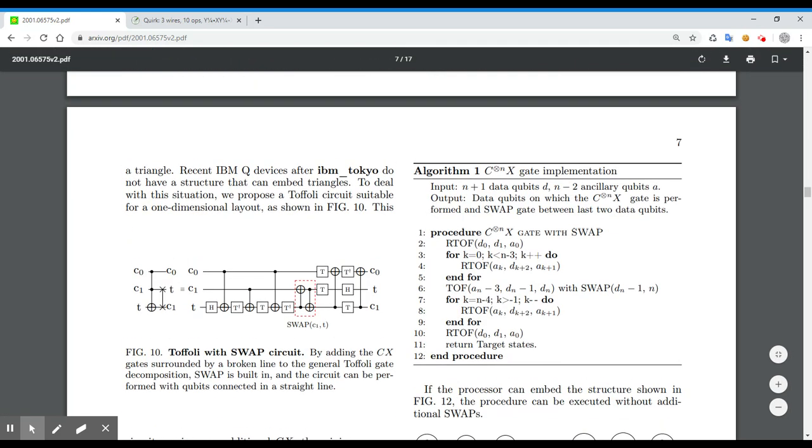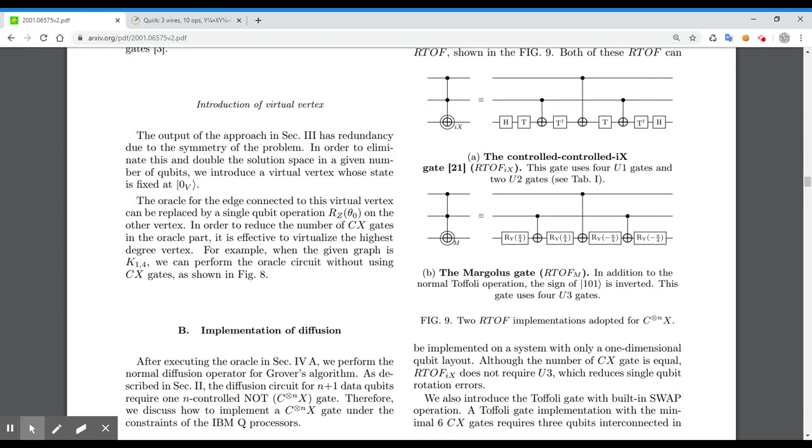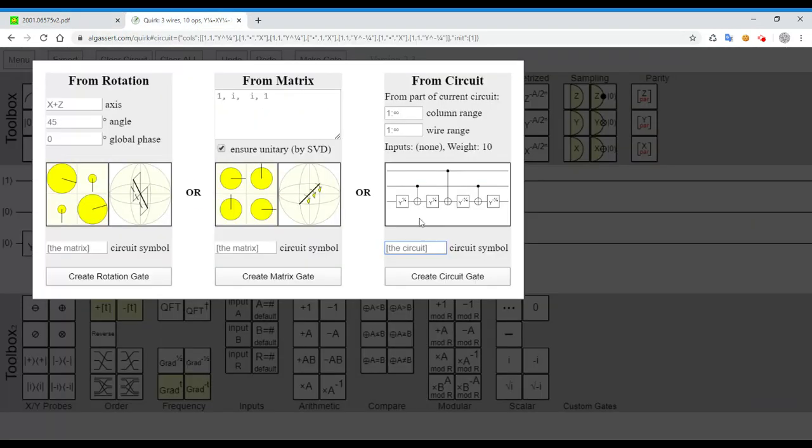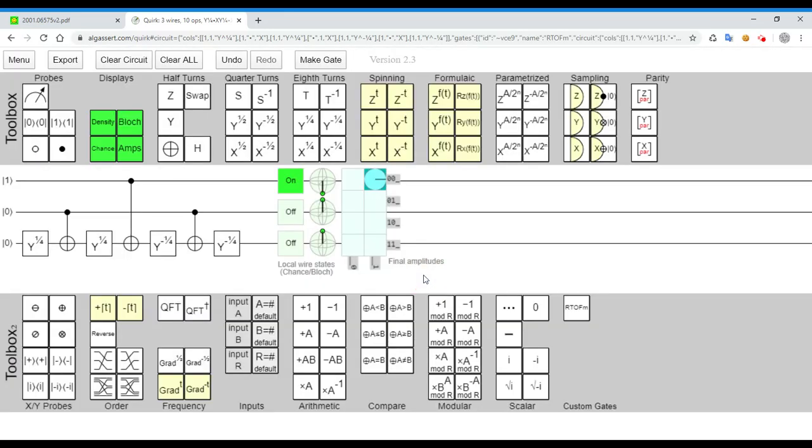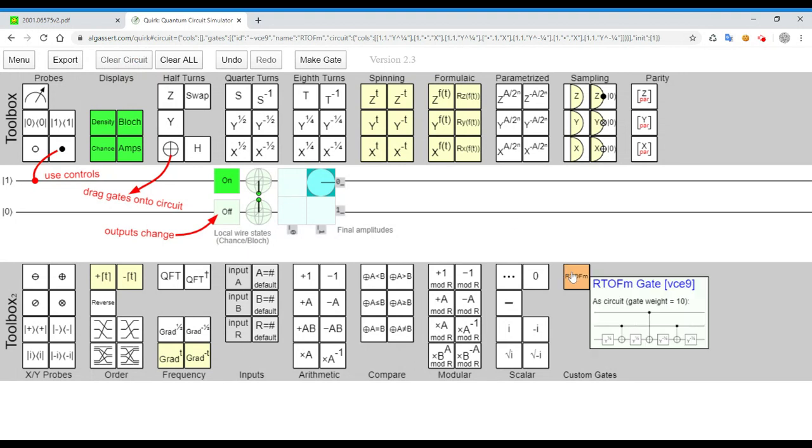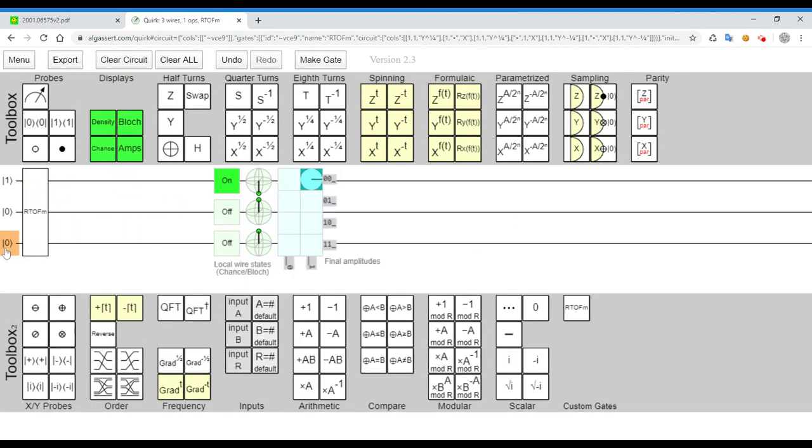The RTOF M. So RTOF M with a gate. So if I clear the circuit and I use an RTOF M, that is basically working like that, right?